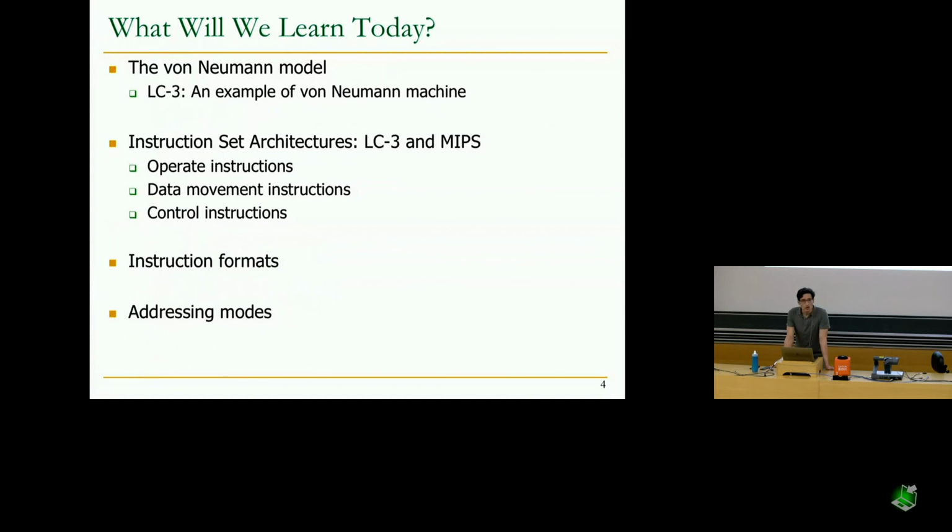And then when we give an overview of the von Neumann model, the LC3, and the instructions that can be executed in this machine and also in the MIPS machine, we will start talking more in detail about the instruction set architecture. As you will see, the instruction set architecture is not only the collection of instructions that can be executed on the computer, but it's also details like what's the format or encoding of these instructions, or what are the addressing modes.